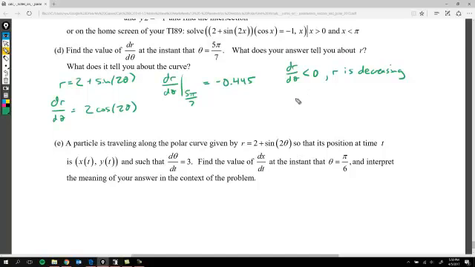It's getting closer and closer to the origin. So we could write that the curve is getting closer to the pole, meaning it's just coming in and in and in.